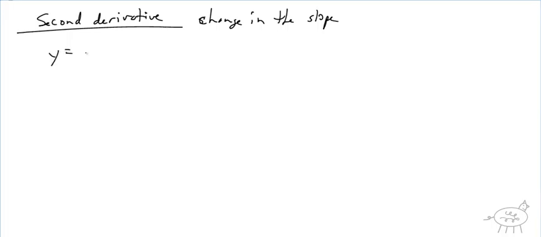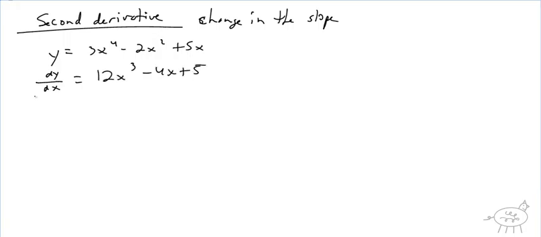If I give you a basic function, y equals 3x to the fourth minus 2x squared plus 5x. All right, and so we're going to do dy by dx, and that's going to be 12x cubed minus 4x plus 5.